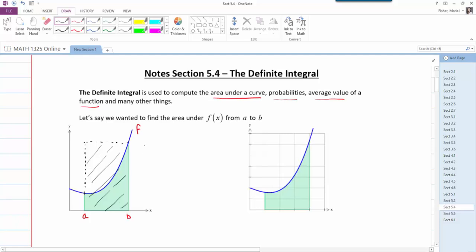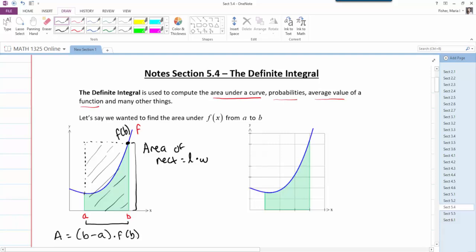Remember, the area of a rectangle is length times width. So in this case, my area would equal the width here, which is b minus a, times the height here, which is f of b.